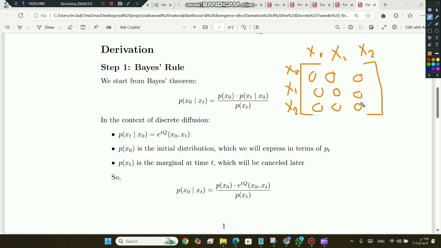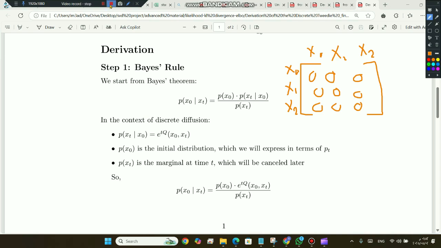Now this element is, for example, the probability of x1 given x0. This element over here is the probability of x2 given x1. This element is the probability of x0 given x2, and so on and so forth.